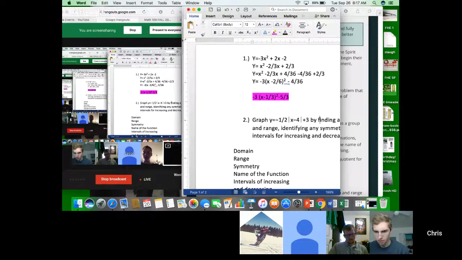Let's see. So you would have the x inside the parentheses. In the beginning, it should be x squared minus 2/3, and then it goes to plus 4 over 36 minus 4 over 36, and then close parentheses, and then it would be minus 2.